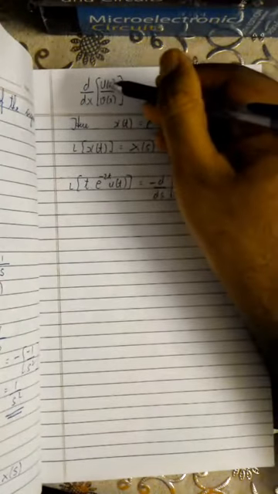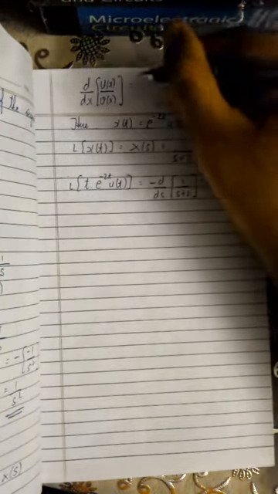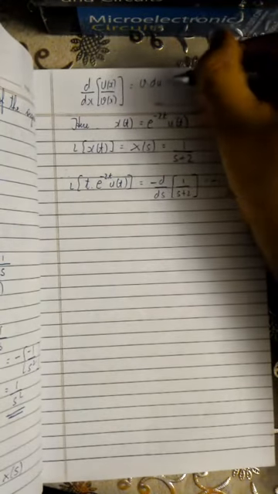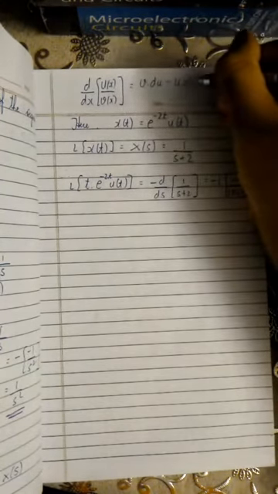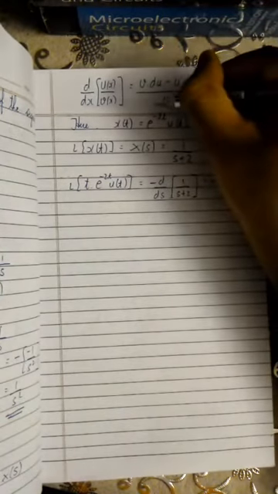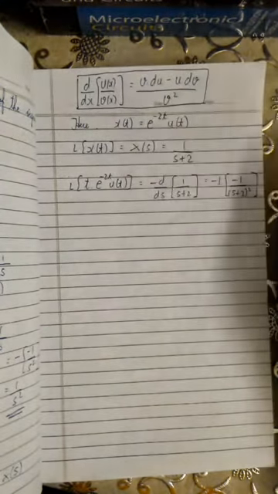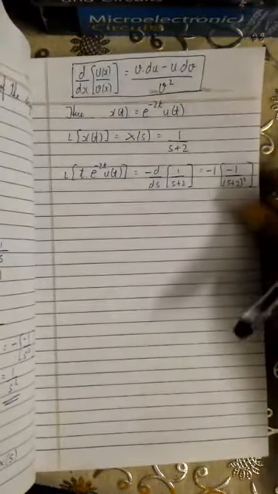You have learned this in school days. d by dx of u by v is nothing but v into du minus u into dv by v square. Just apply this equation in case you are having doubt of how to find the differentiation. Otherwise, if you can do it mentally, you can write it like this.